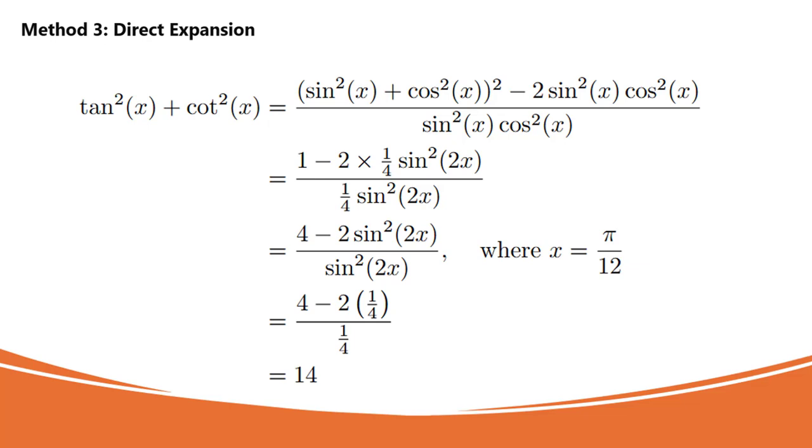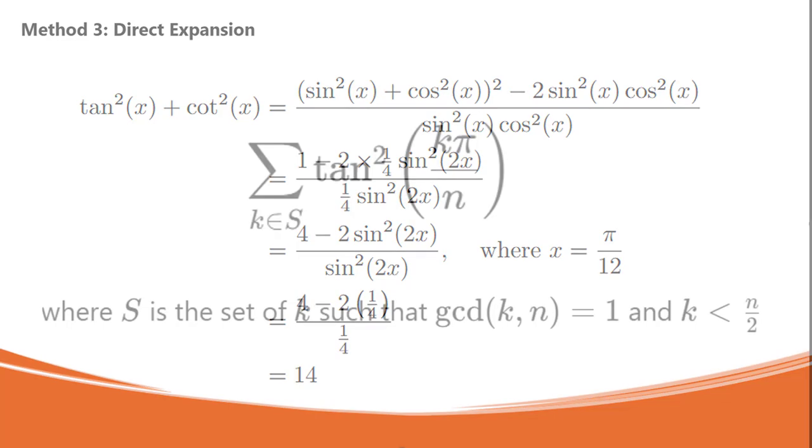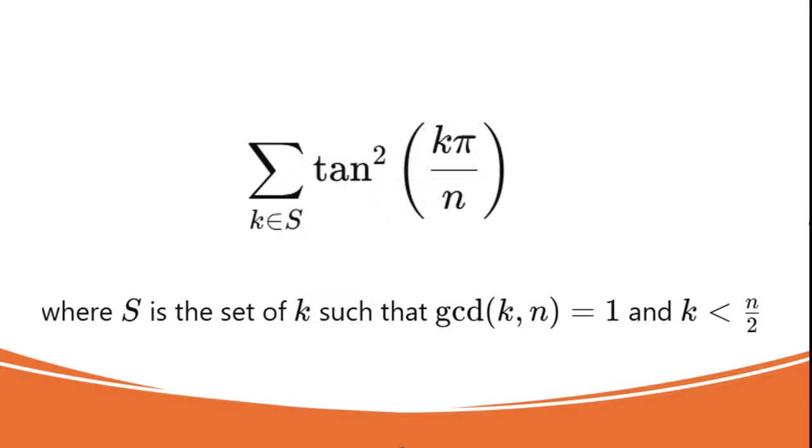Using the double angle identity, sine squared of 2x equals 4 sine squared of x cosine squared of x. After substitution and simplification, we have equals 4 minus 2 sine squared of 2x divided by sine squared of 2x equals 14.